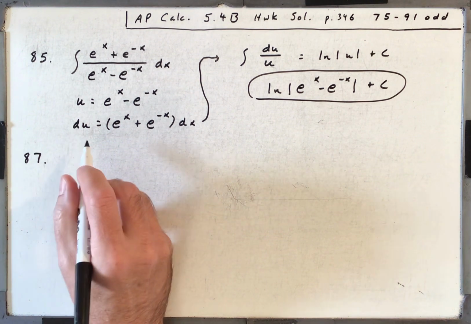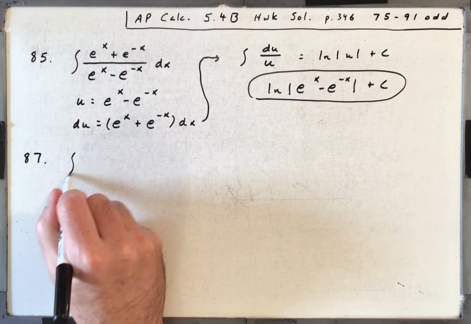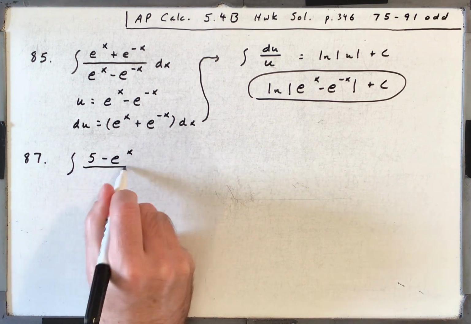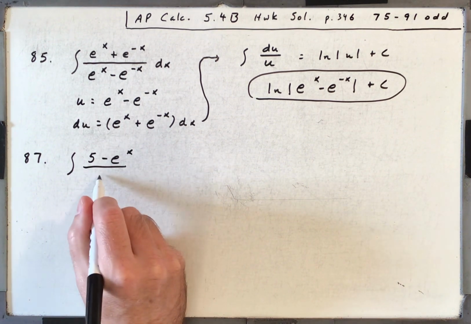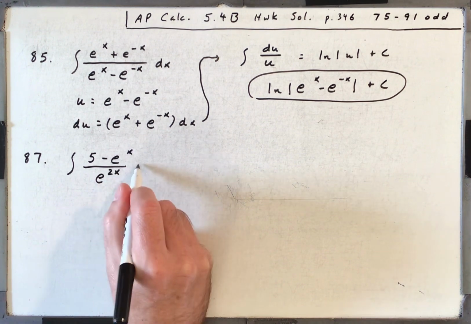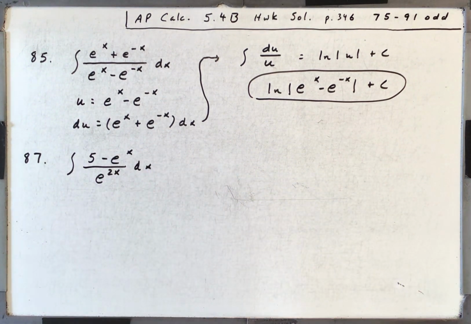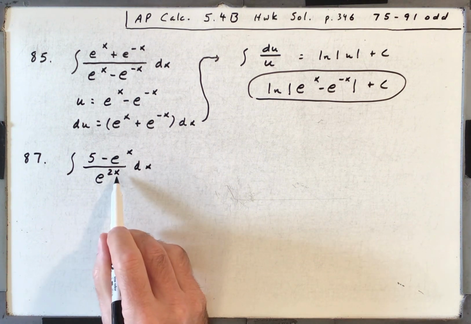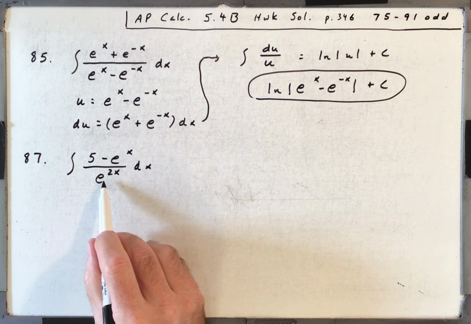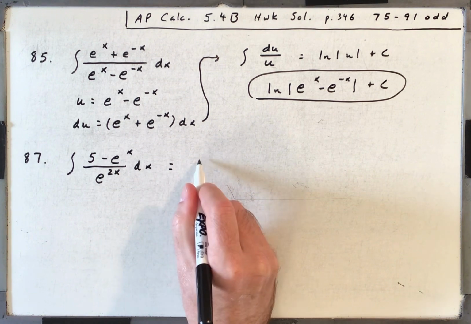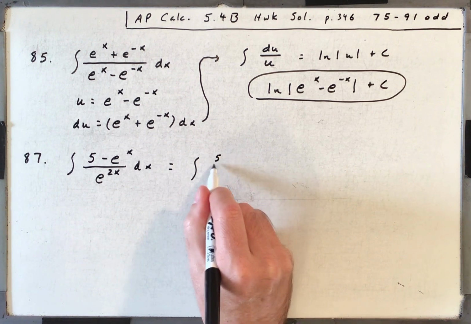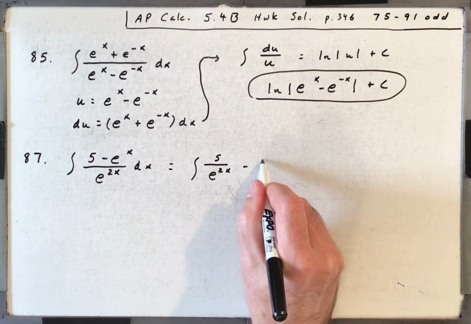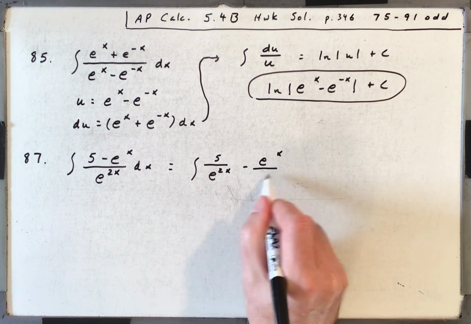87, we have 5 minus e to the x over e to the 2x. I know some years I do have to work this problem because students they forget. If I've just got a single entity in the bottom, I want to rewrite this integral as 5 over e to the 2x minus e to the x over e to the 2x.